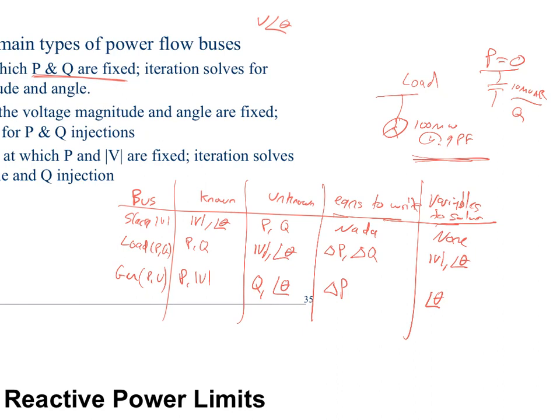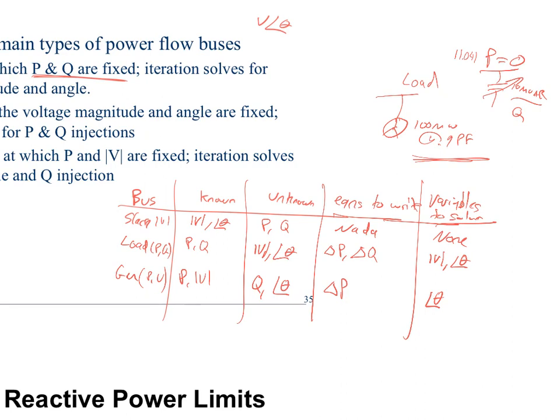So this capacitor bank could be a different type of bus if I wanted to maintain 1.04 per unit volts, right? If I want to maintain voltage, this is a switching capacitor bank, where you can increase or decrease the reactive power as necessary to maintain the voltage.